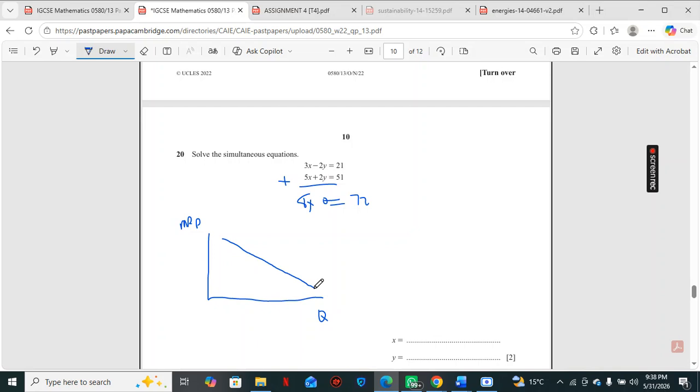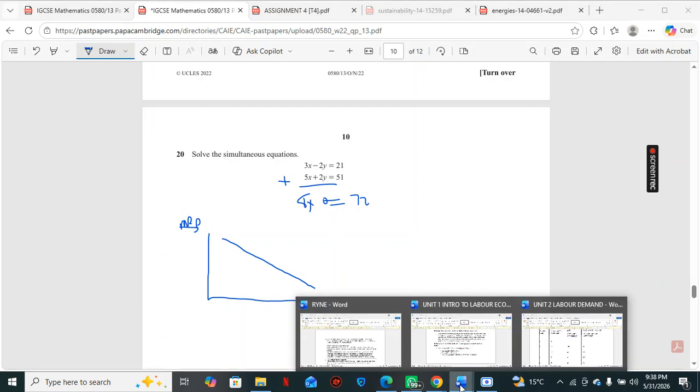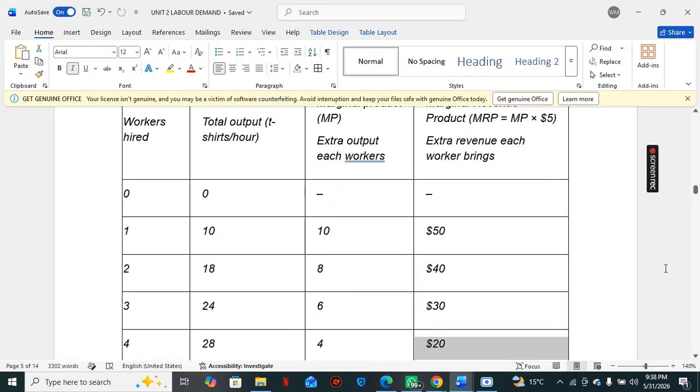That illustrates how you can explain why the labor demand curve is downward sloping using the concepts of marginal revenue product and the law of diminishing marginal returns.